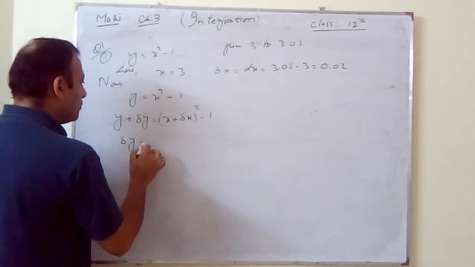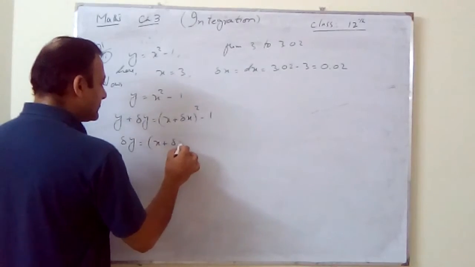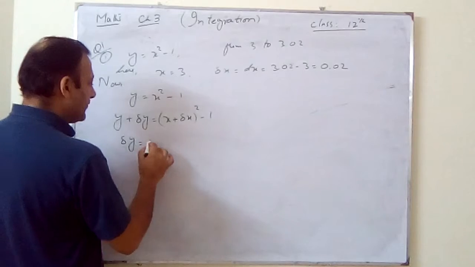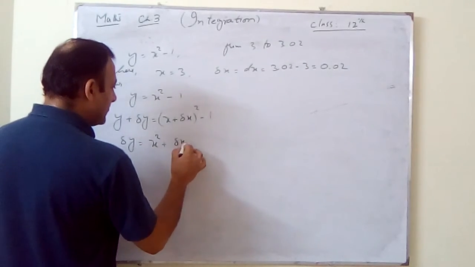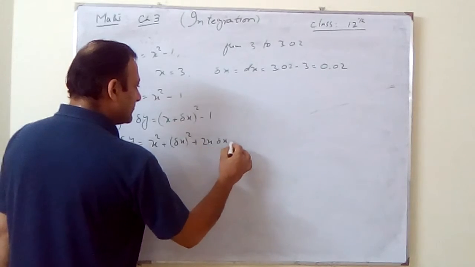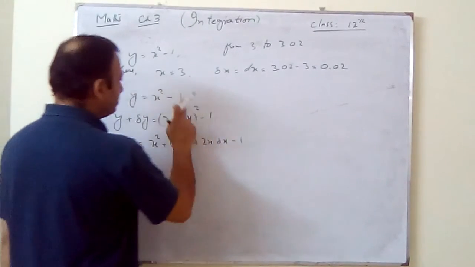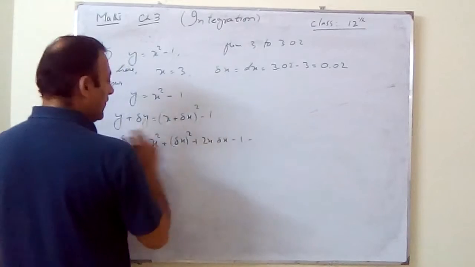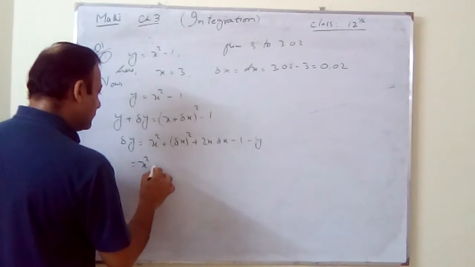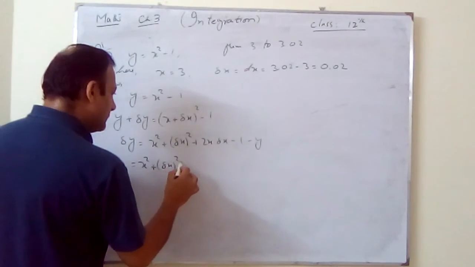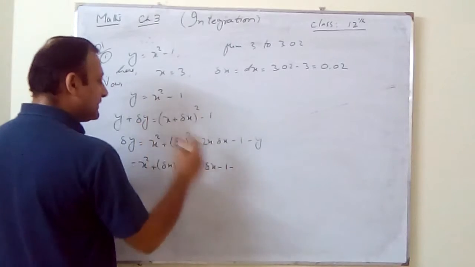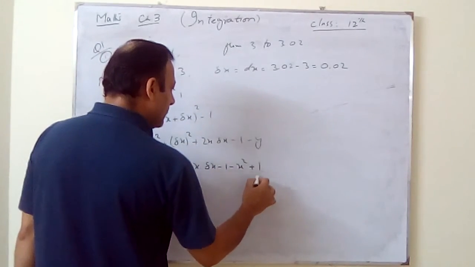Delta y is equal to (x plus delta x) whole square minus 1 minus y, or x square plus delta x whole square plus 2x delta x minus 1 minus x square plus 1.